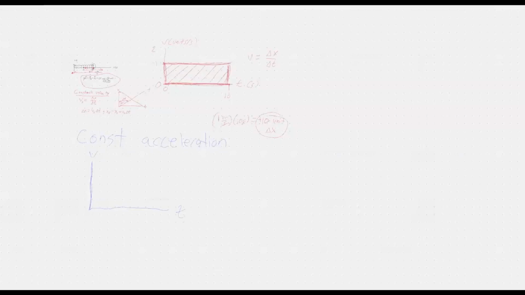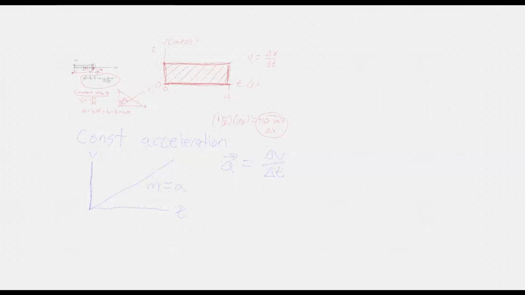And since the definition of acceleration is a change in velocity over a change in time, then the slope of a graph of velocity versus time must be that constant acceleration. All right, go up, that's a change in velocity.